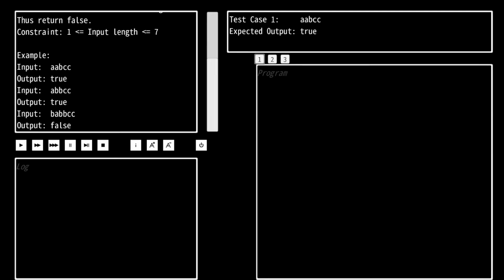So, how do I figure this out? Oh God, this is hard. So the thing that matters is that these are the same and these are different. So if I have an A and a B like this.